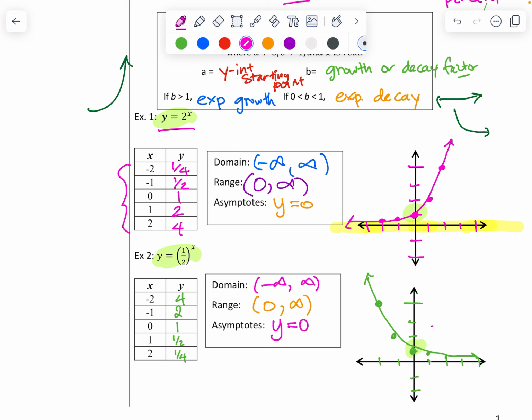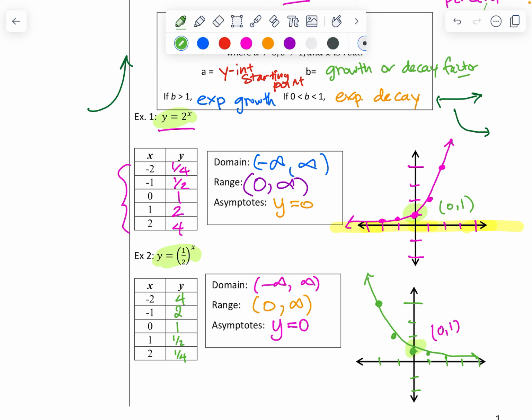Unless there's some sort of adding 5 onto the end, which would move it all up 5 units. But otherwise, we're going to have a y-intercept at 0, 1 on every parent function that we have. And I say every parent function because these are all separate parent functions.